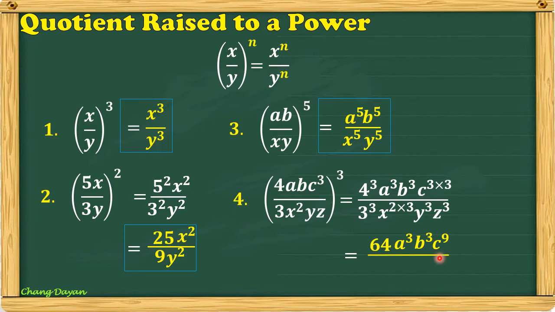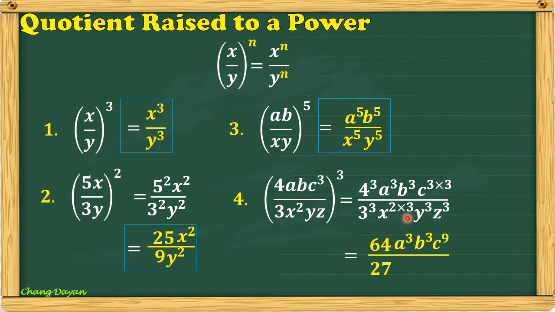All over, simplify natin to. 3 cube means 3 times 3 times 3. At hindi po ito 3 times 3 lamang. 3 times 3 times 3. So, we'll have 3 times 3 is 9. Times 3 will get 27. Next, simplify. X raised to 2 times 3.